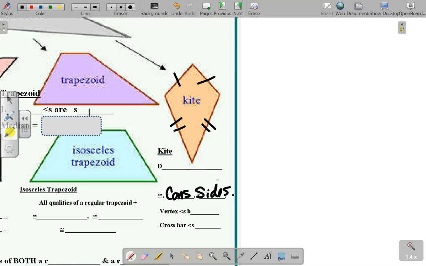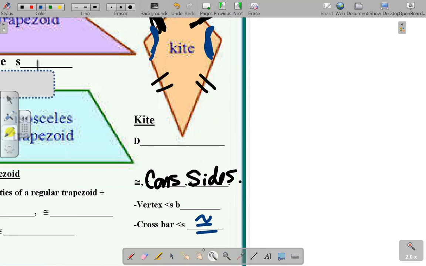Congruent consecutive sides. Consecutive means next to. So that makes a kite a kite. Now, because of that, you have some interesting properties. These angles, the wider angles on the short side, are called the crossbar angles. Those are congruent. So in my diagram, those blue angles are going to be congruent.